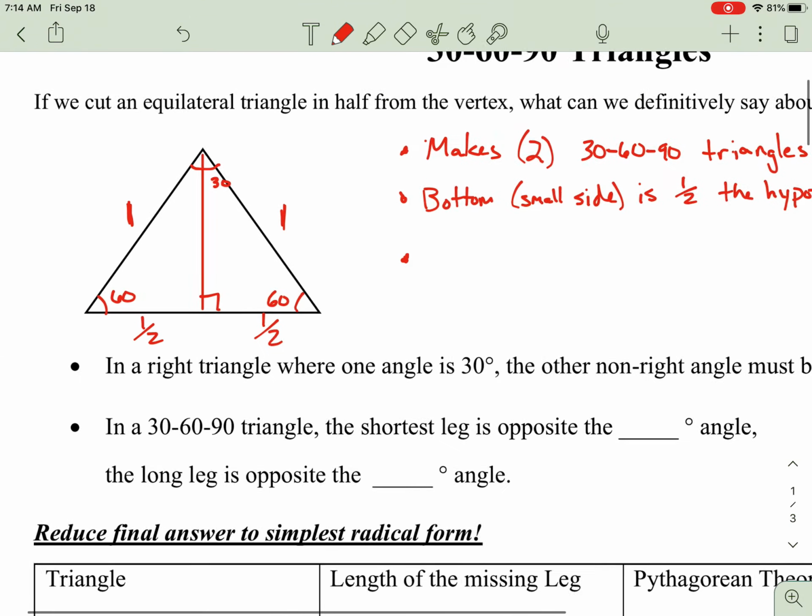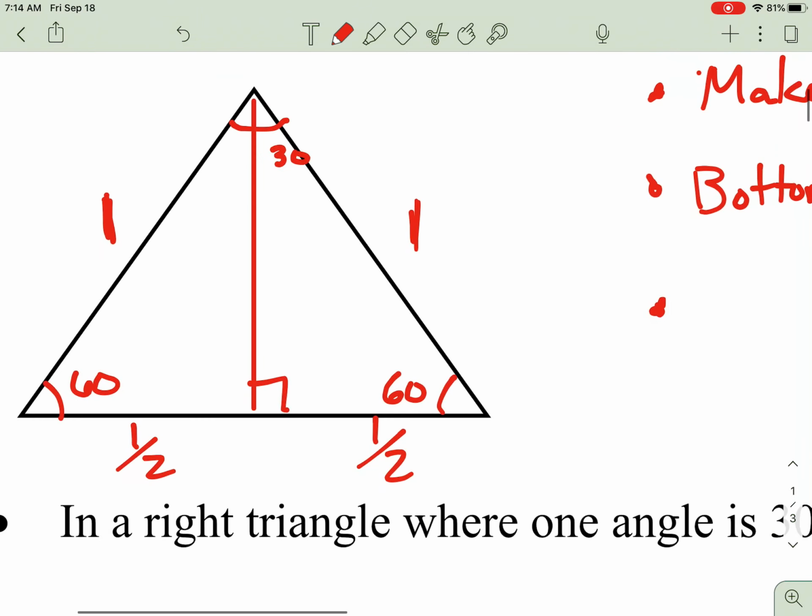Okay, so look again. When we cut it in half, that makes this the hypotenuse, and this is the bottom side, right? So now it's 1/2 because we cut it in half. It is 1/2 of the hypotenuse.